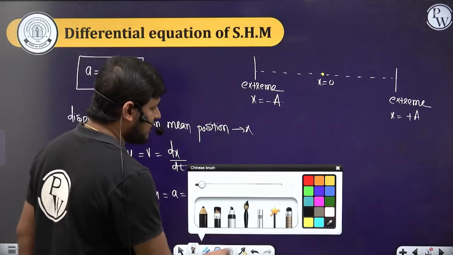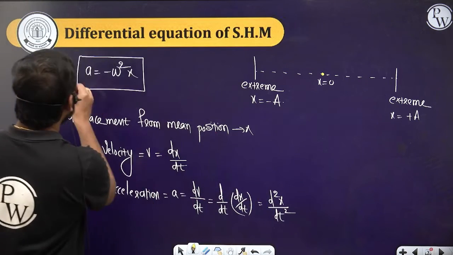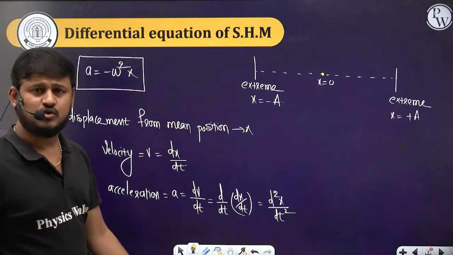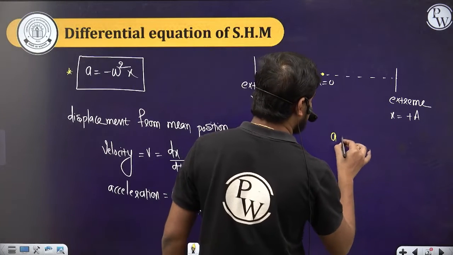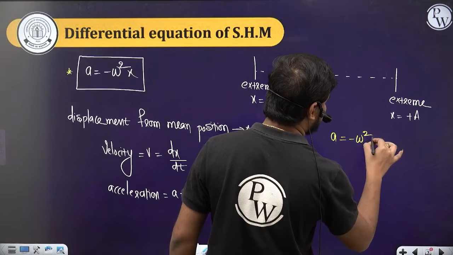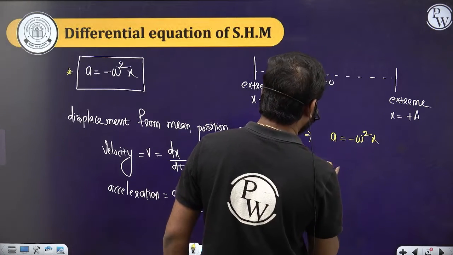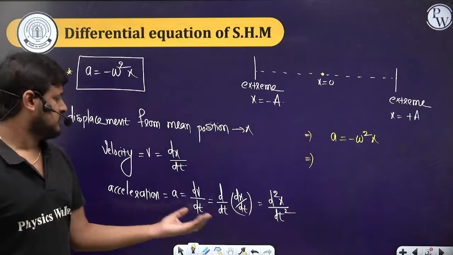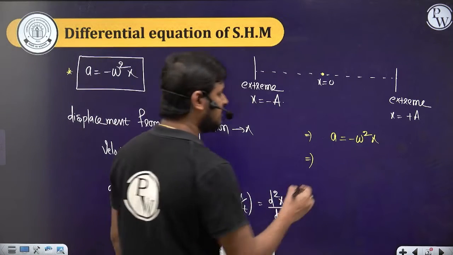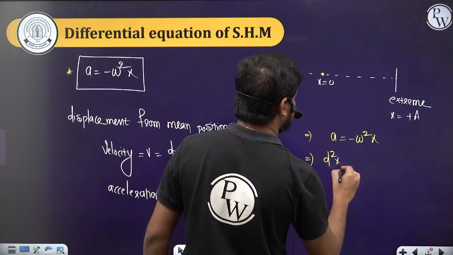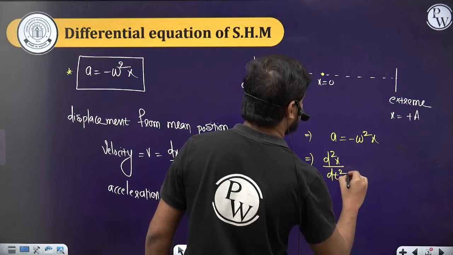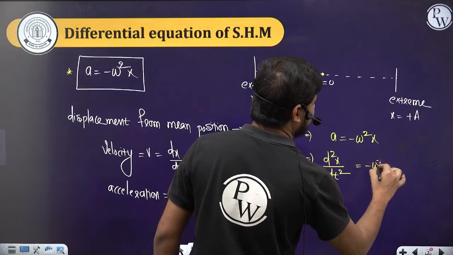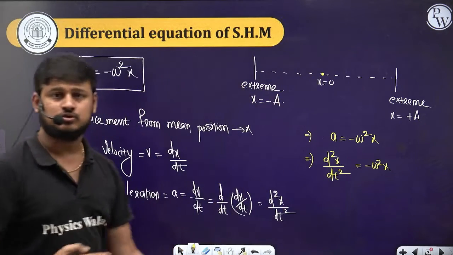Now let me consider this equation again: the acceleration a equals minus omega square x. In place of a I am writing d square x by dt square, so d square x by dt square equals minus omega square x. Bring the term to the LHS side.